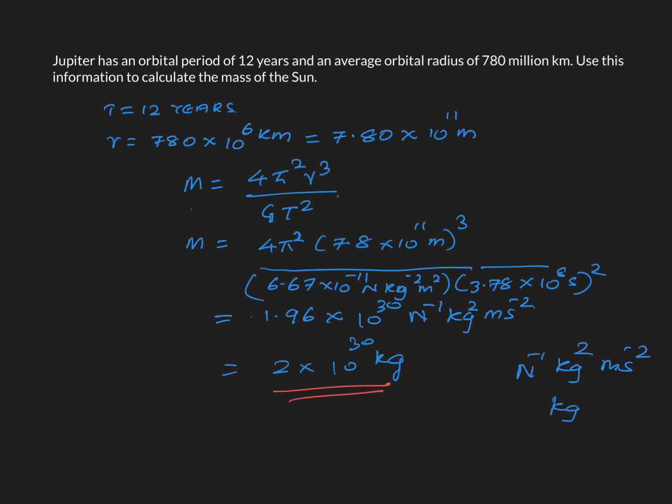So kilogram squared m^-2 divided by Newton is kilogram m^-2 divided by m s^-2, so the units cancel out, and what we have got is 10 to the power 30 kilograms. So that's the mass of the star.